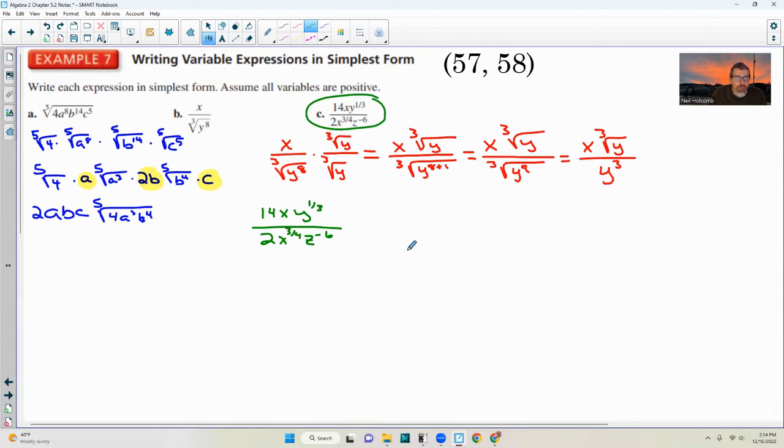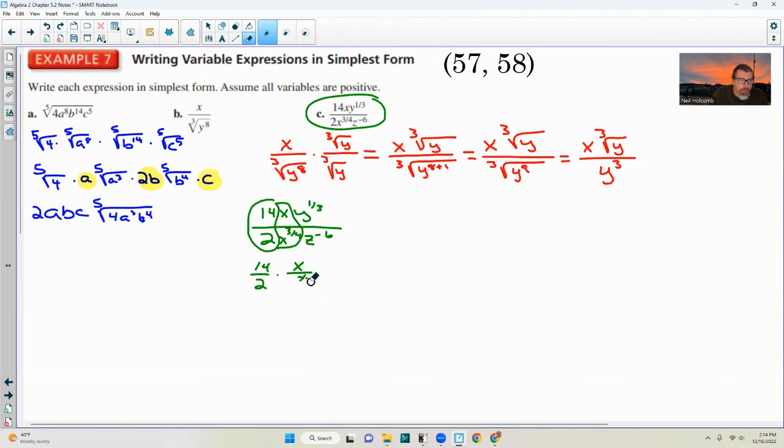First thing I'm going to do is split this up with like terms in every fraction. The book is not doing this, but I prefer to do it this way. I have 2 numbers in front, 14 divided by 2. I'm going to make that its own fraction. Then I have x's, x divided by x to the 3/4. Oh, that's messy.